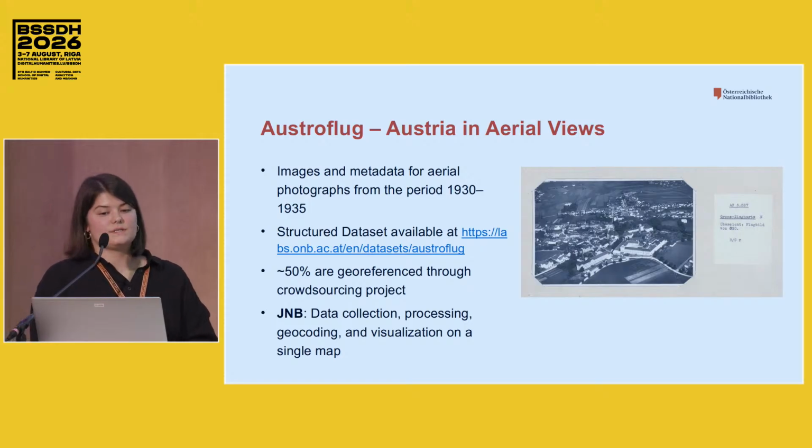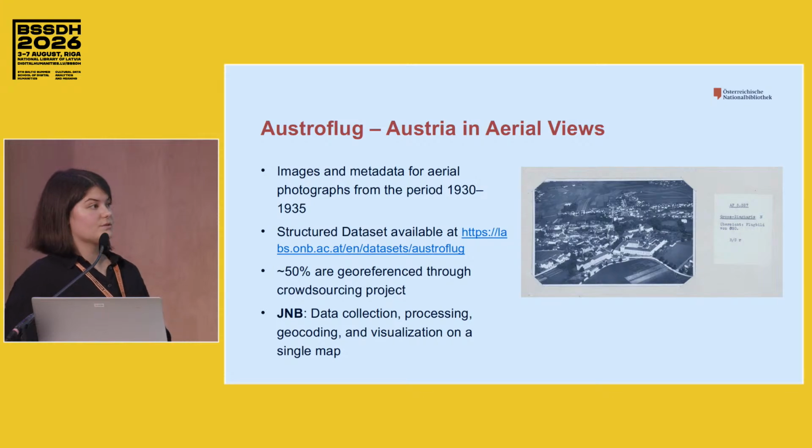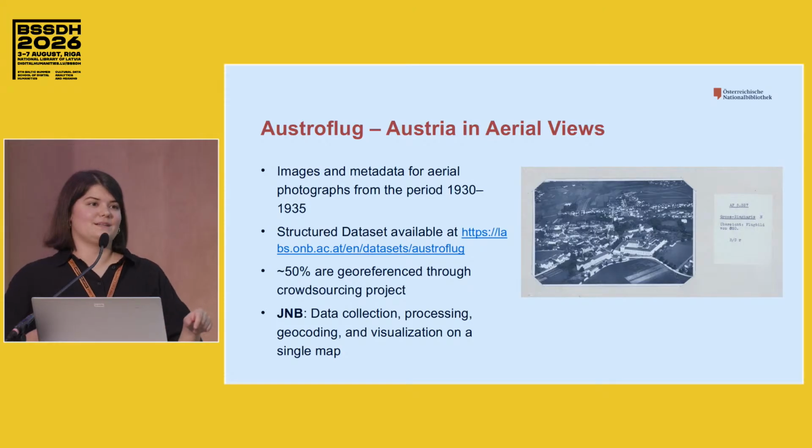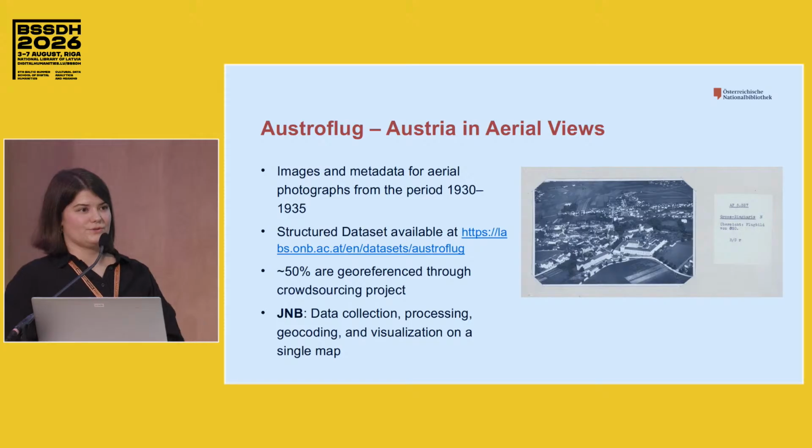That's why there was a crowdsourcing project in 2018 where people could georeference these aerial view pictures. The crowdsourcing project focused on people who could say, I know exactly where this was taken from, this is the latitude and this is the longitude.